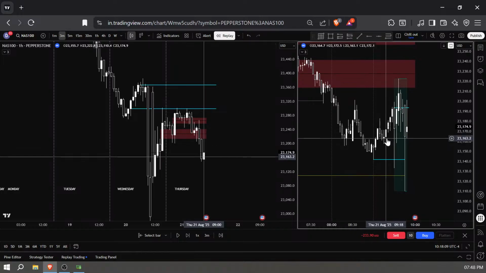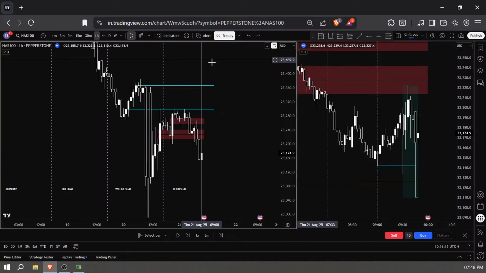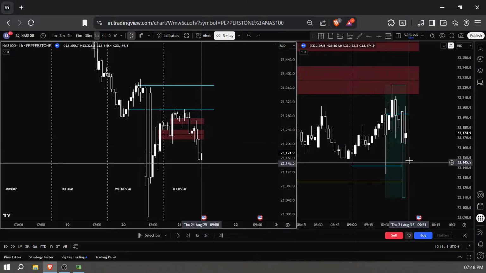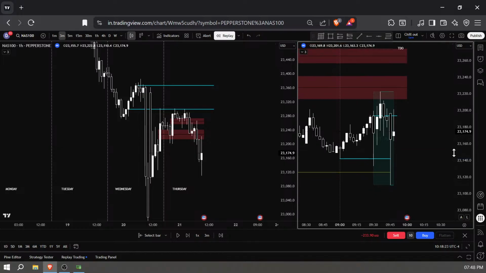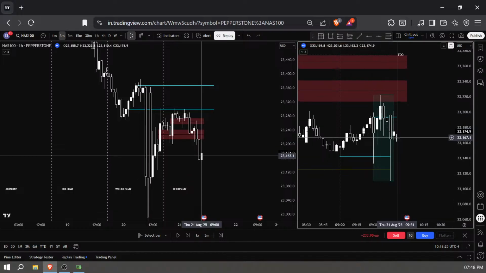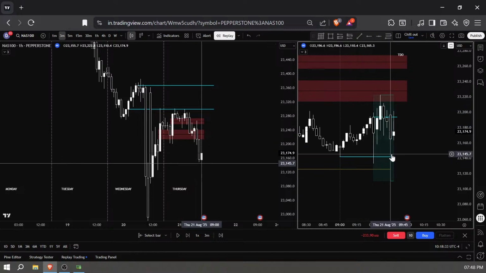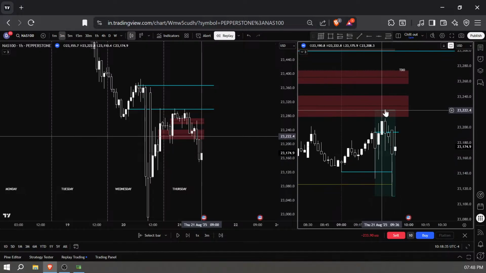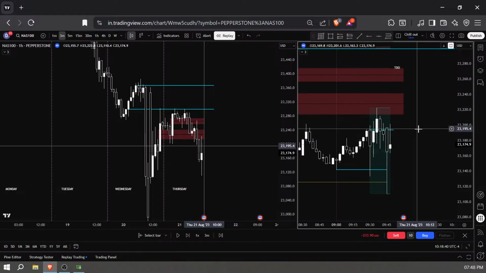Really, it's very hard to trade today, because it feels like a hit on both sides, up and down. I just want the market to go away from this range. This range is so toxic actually. Let's see.